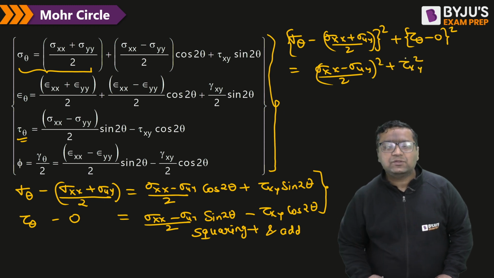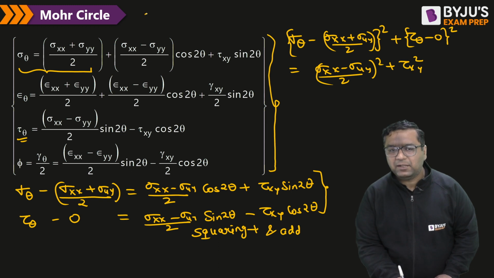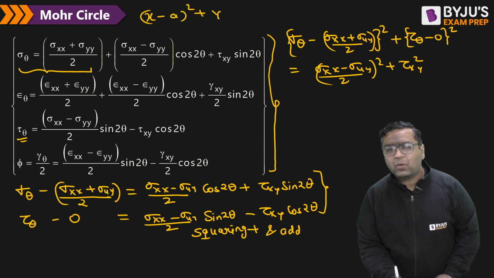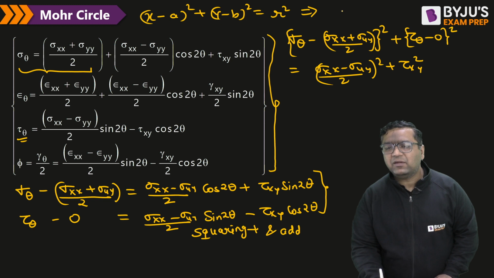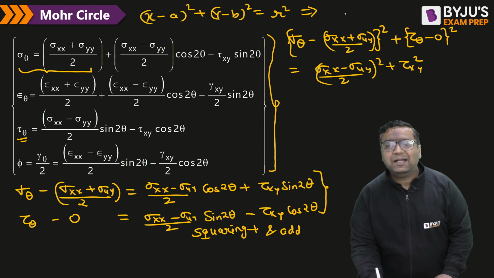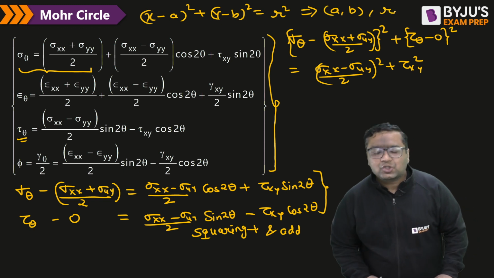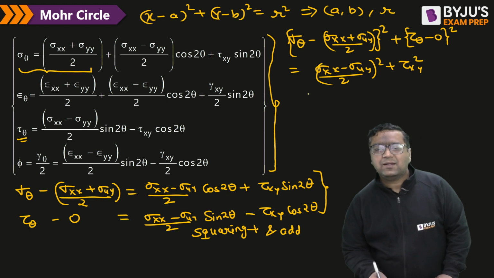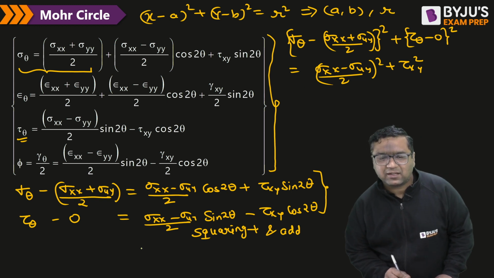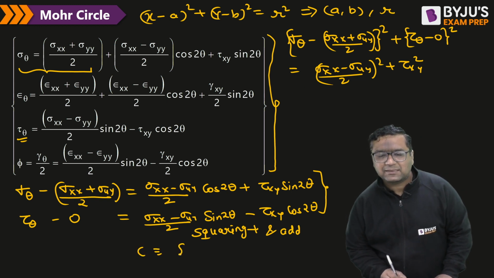So my dear, if you see this equation, it looks similar to (x minus a) squared plus (y minus b) squared equals r squared, which represents the equation of a circle. And when you get the equation of a circle, you know a comma b represents the center and r is the radius. So my dear, if you see here, the center point for this circle will be coming like this.